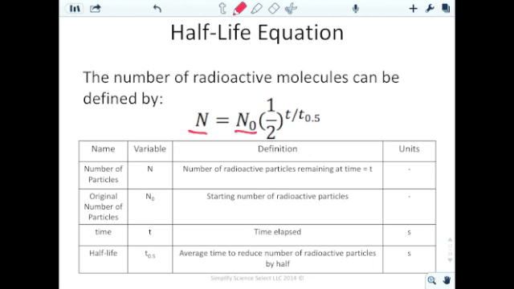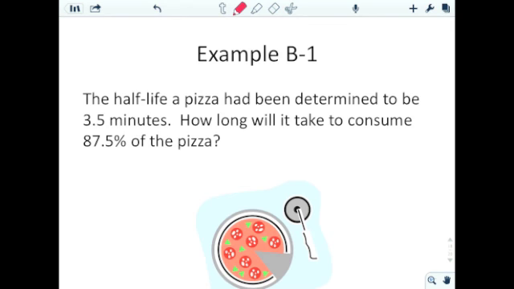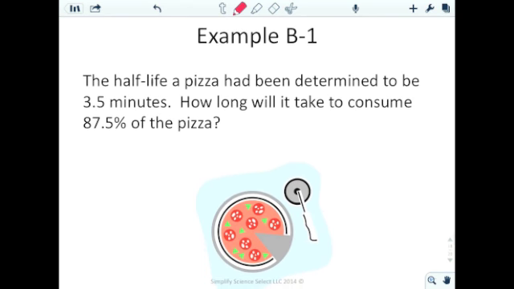Our N naught is going to be the starting number of radioactive particles times our 1/2 raised to our T, which is the time elapsed, and then our T sub 0.5 is the average time to reduce the number of radioactive particles by half. So this is our half-life. Let's jump into an example.